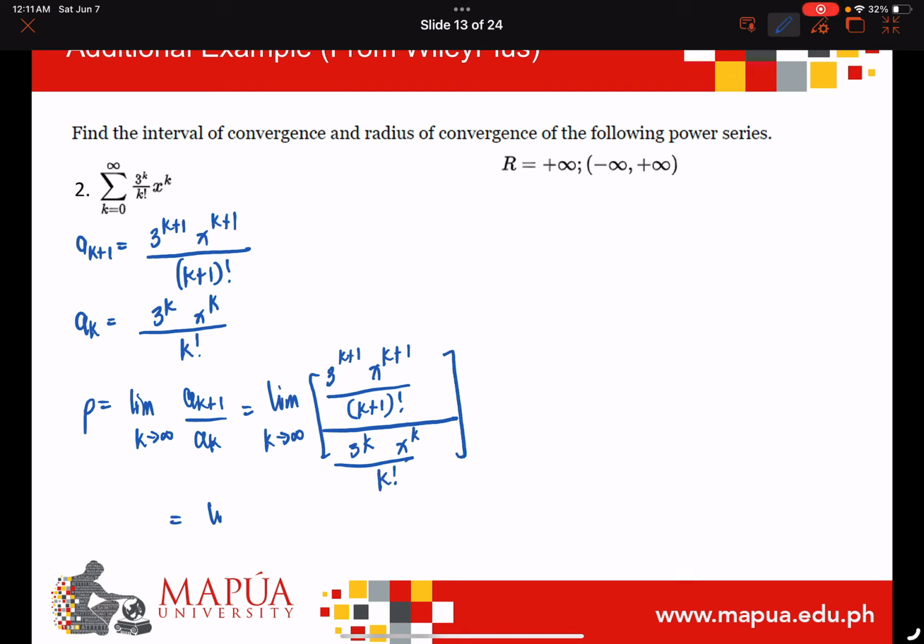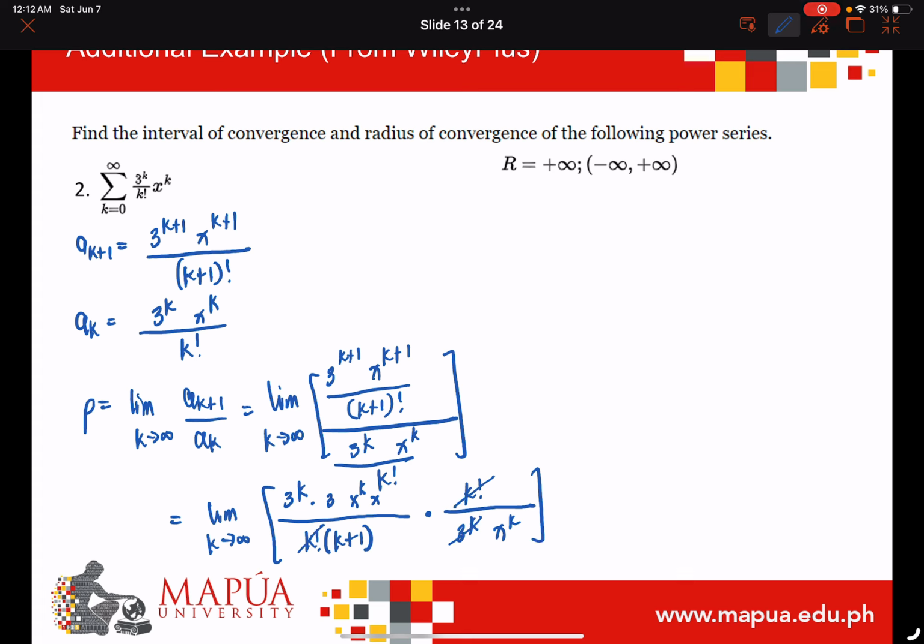We simplify this: the limit as k approaches infinity of 3 raised to k times 3 times x raised to k times x over k plus 1 times k factorial, times the reciprocal k factorial over 3 raised to k x raised to k. We can cancel out k factorial, 3 raised to k, and x raised to k.